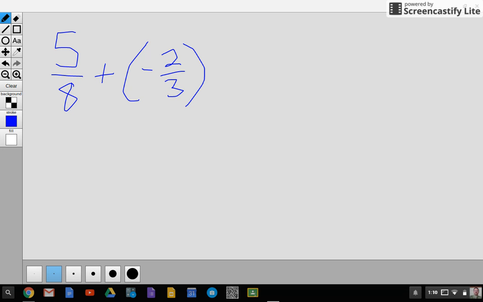Now, what you may remember is that you cannot add or subtract fractions unless they have a common denominator.